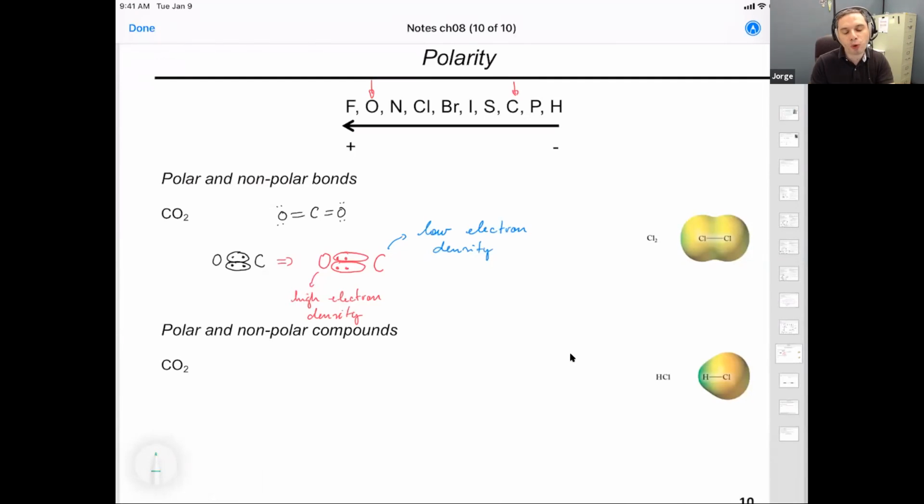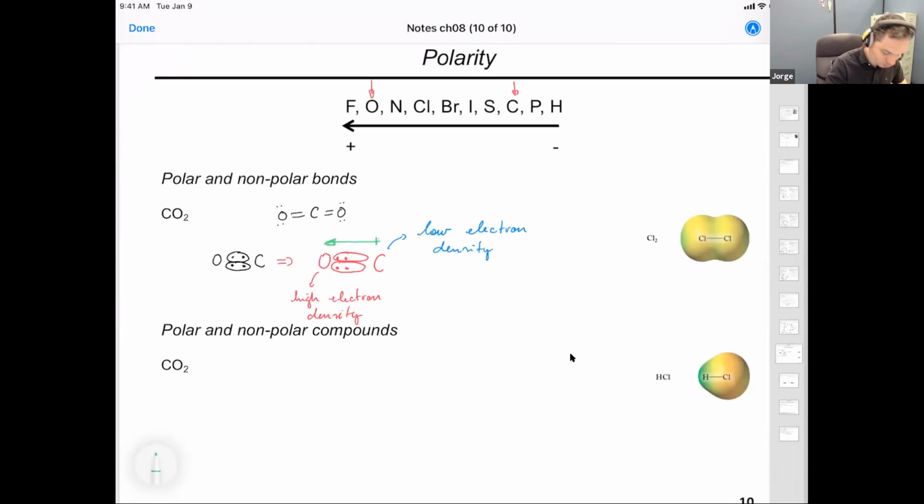And we are going to represent that we are creating a pole in the chemical bond using a vector, okay? The vector will always start on the low electron density side and point to the high electron density side.